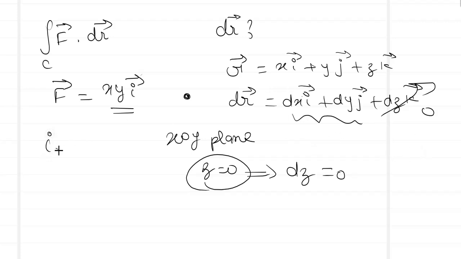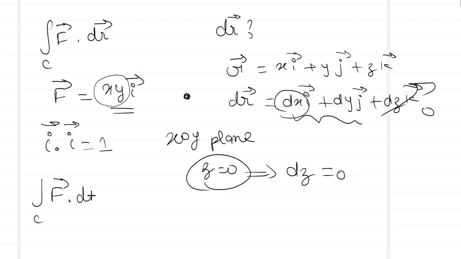So when I take i dot i equal to 1, this dx will now take the dot product with this dx. So i dot i is 1. So the integral over C of f vector dot dr vector will now reduce to the integral over C of xy dx. So this is the portion alone I am going to evaluate.